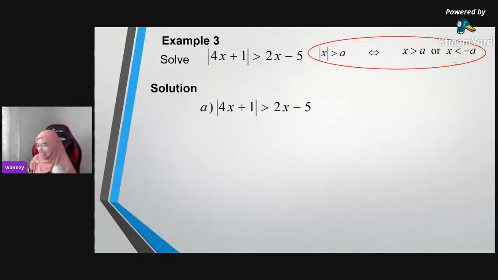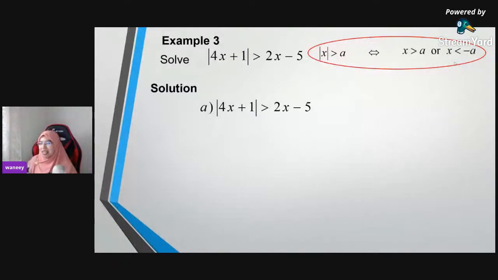Habis lah. Jawapan tak dapat lagi. Sabar je lah.